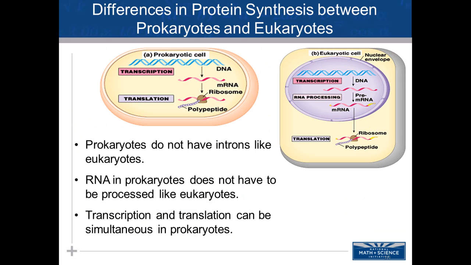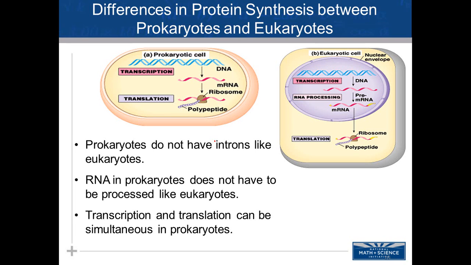Protein synthesis is a conserved biochemical process that is found in both prokaryotic and eukaryotic cells. All cells do protein synthesis. The thing about prokaryotic cells is that they do not have a nucleus.